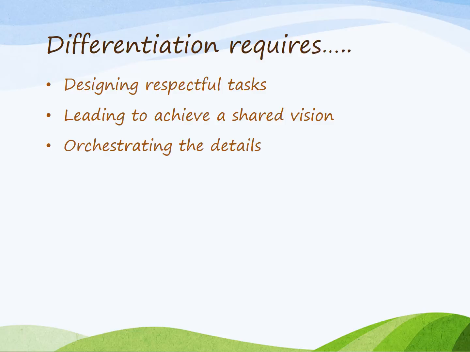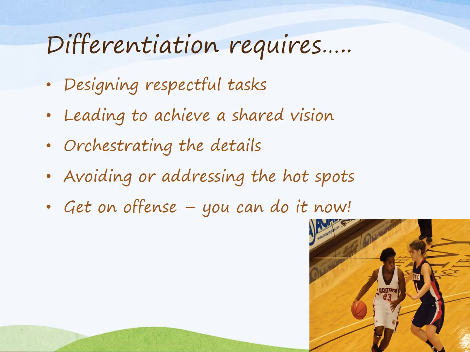It also requires the management piece, which is orchestrating the details. And part of that management is planning so that you avoid hot spots in terms of management, or addressing those hot spots as they come up when you're implementing differentiated lessons.